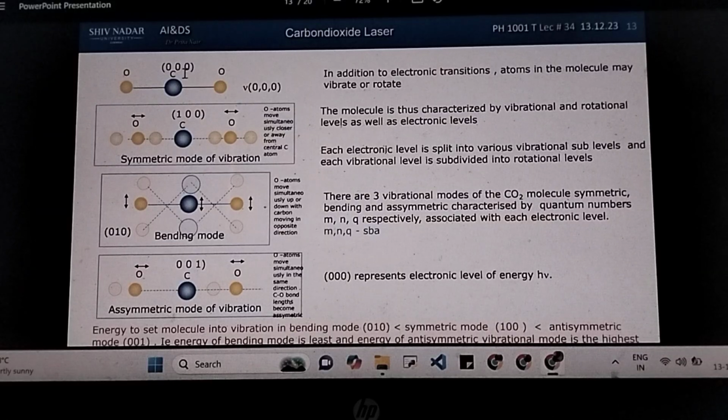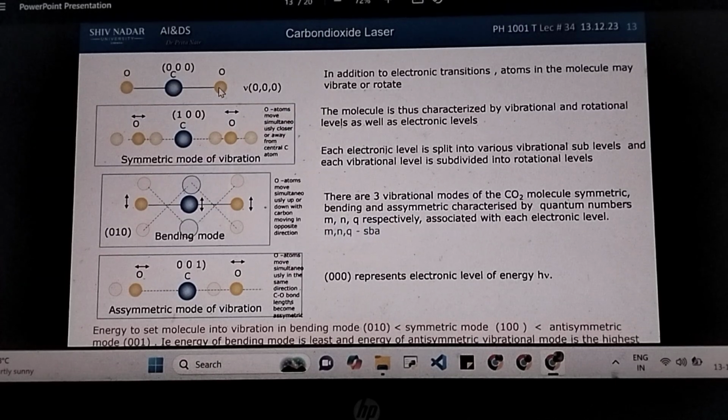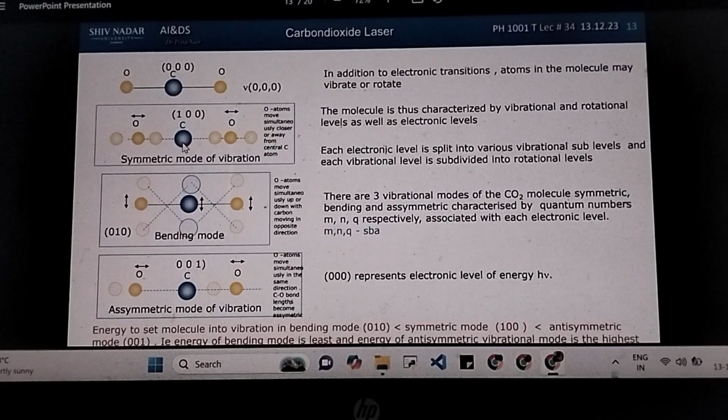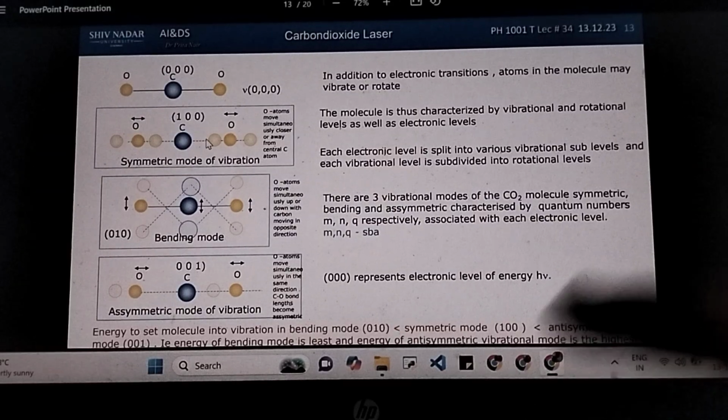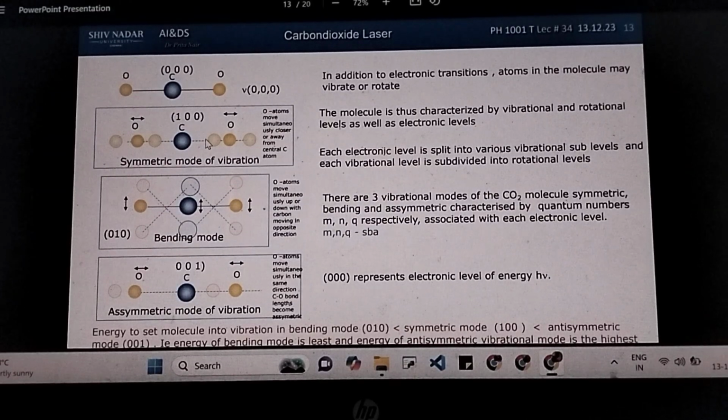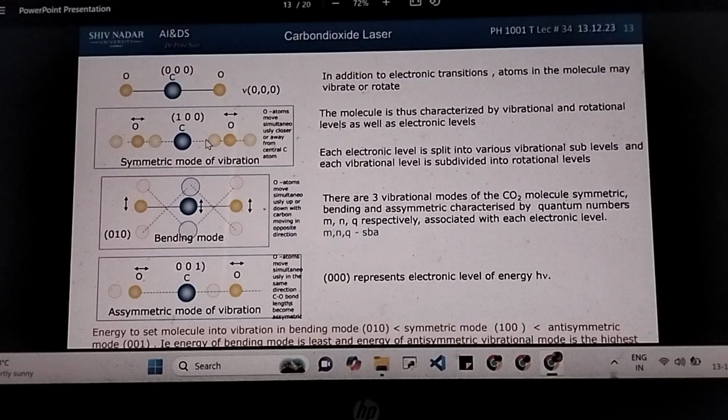So in the symmetric mode, this is what your carbon dioxide molecule looks like. The blue circle is your carbon atom, the two yellow ones are the oxygen atoms. Now in symmetric mode, the movement happens like the expansion or compression of a spring. When you hold a spring with both your hands and you pull, the left end travels to the left, the right end travels to the right. So they travel in opposite directions when you're expanding.